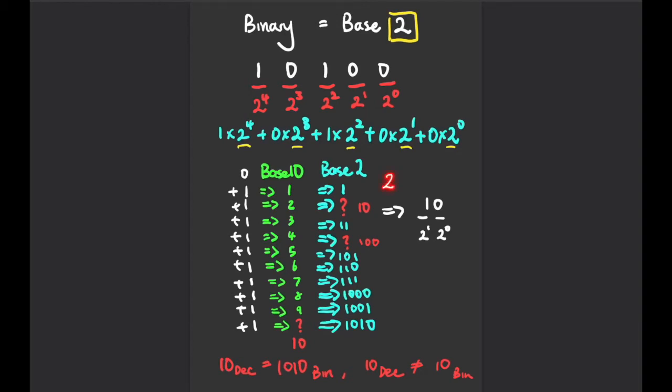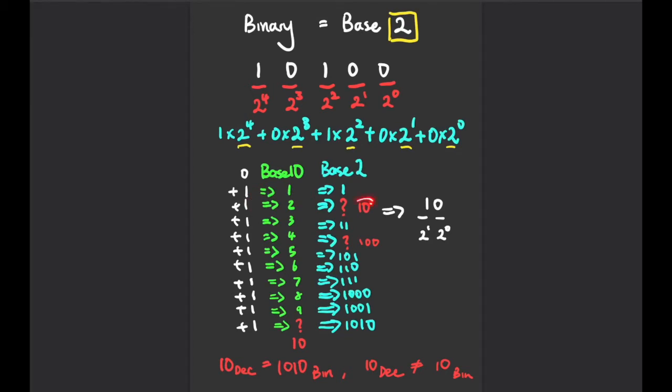And so in that case, since now we have the value 2 on the rightmost digit, we carry over that value into the digit on the left, which would turn out to be 10. As you can see here, the 10 refers to 2 to the 1st times 1 plus 2 to the 0 times 0, which equals 2. This is equal to the base 10 representation of the number 2.